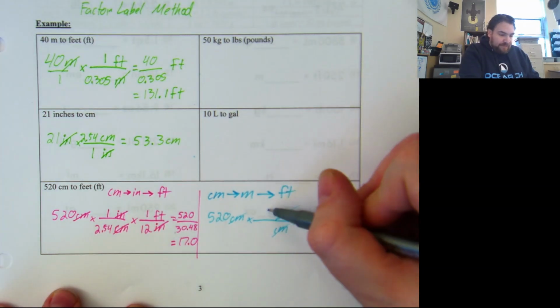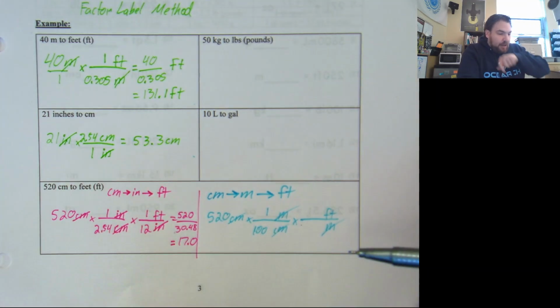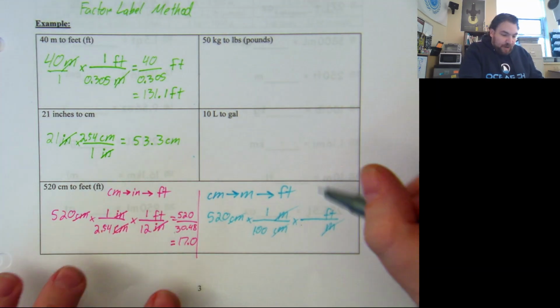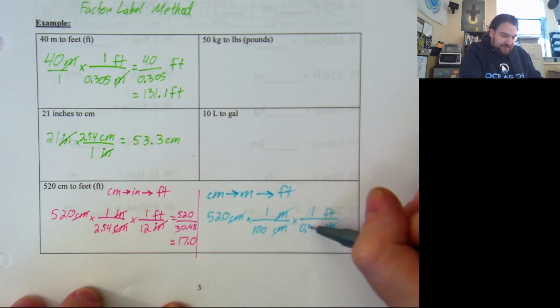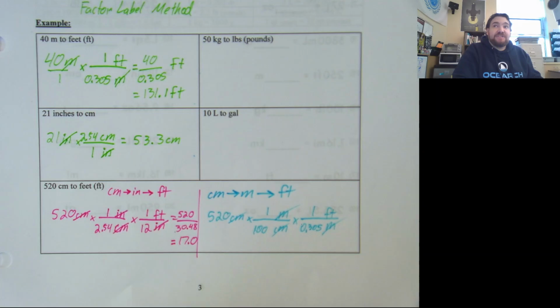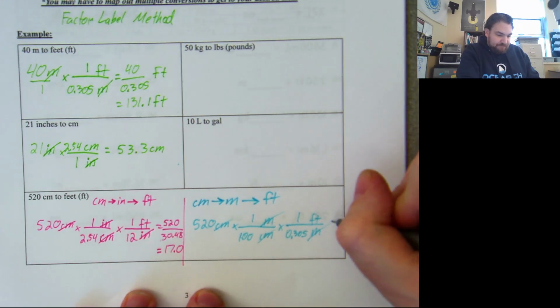So 1 meter is 100 centimeters, and 1 foot is 0.305 meters, based on the conversions up at the chart on top. Again, we're going to multiply across the top and multiply across the bottom.